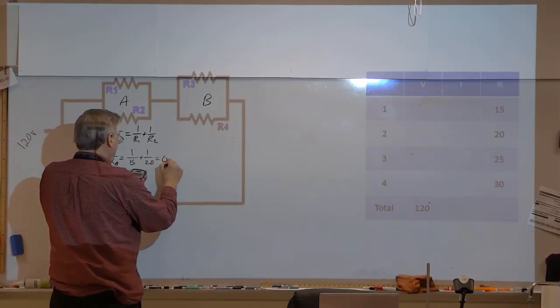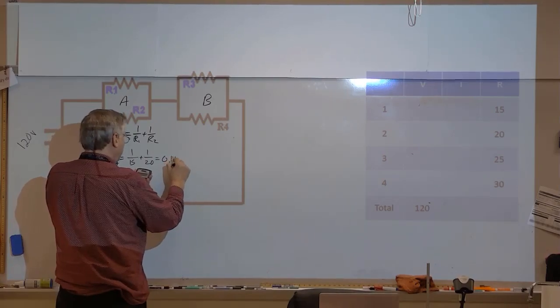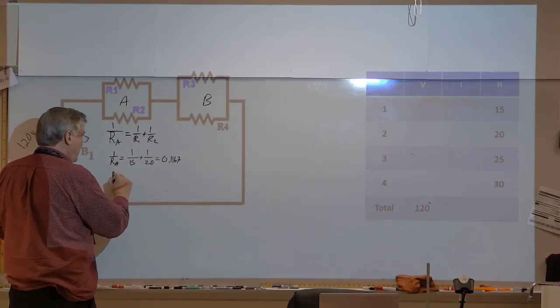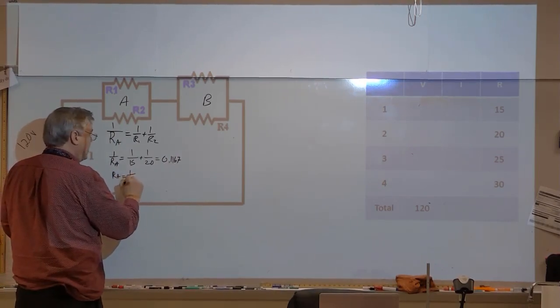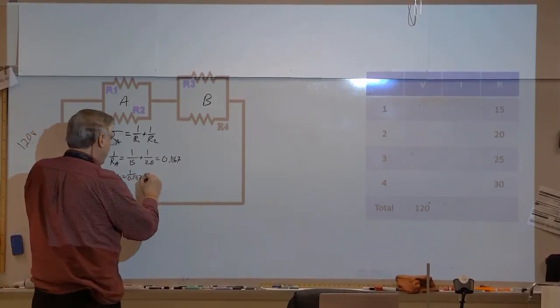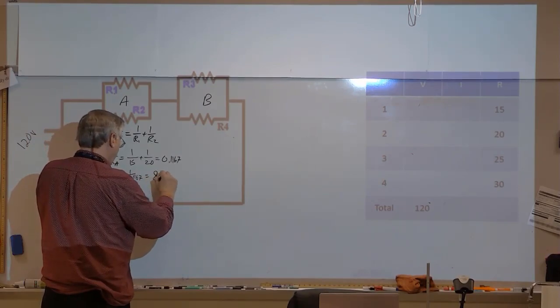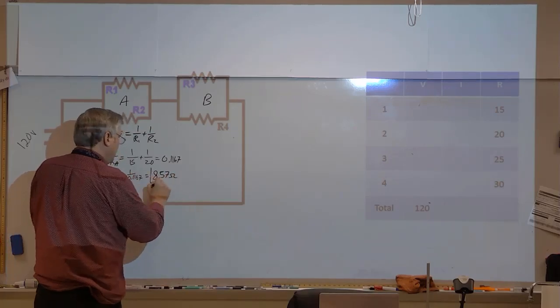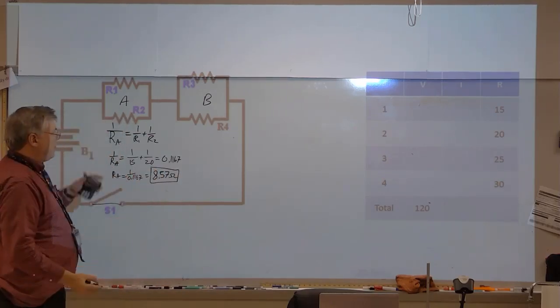And we end up with 0.1167. Now remember, that's 1 over. So RA is equal to 1 over 0.1167. And so we get 8.57 ohms. So this is my value for RA.